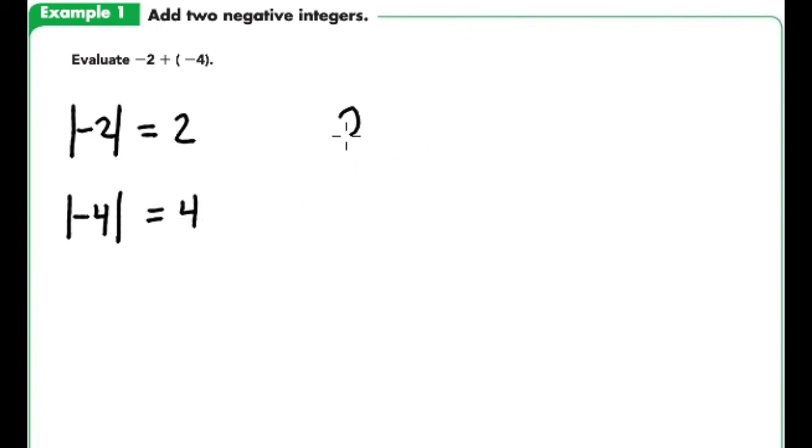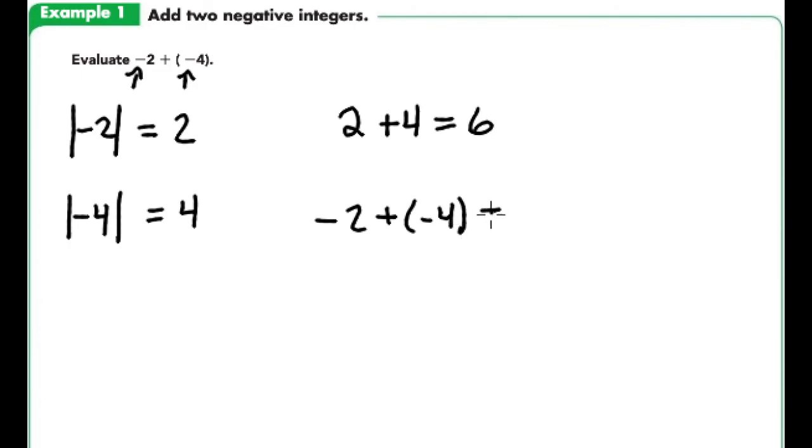Then we're going to just add 2 and 4 together to give us 6. And because both signs were negative, we could say that a -2 plus a -4 leaves us with a -6. So after you add the absolute values, you just carry the sign that is with it, which in this case was both negative.